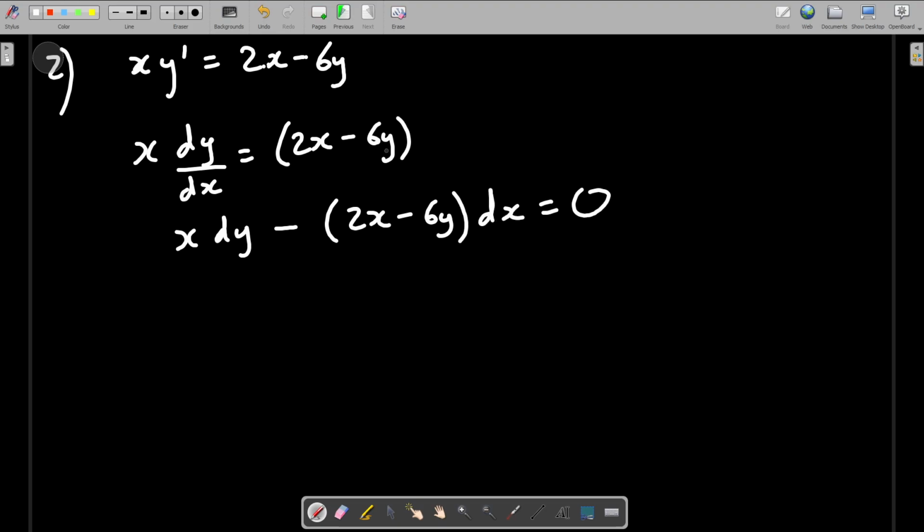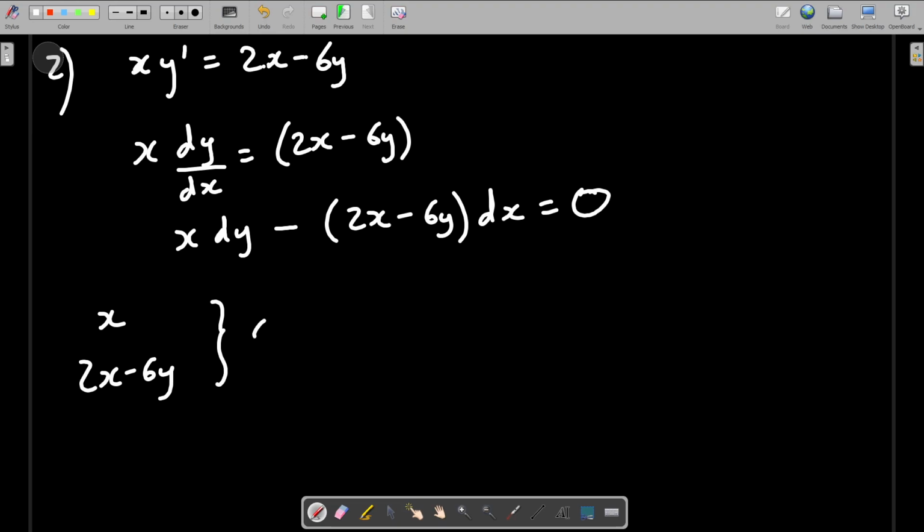So I took this on the other side and got it this side in one step only. Both the functions here, x and 2x minus 6y, are homogeneous of degree 1, right? Agreed? If you write this as tx, t will come and stand outside there. Here also t will come and stand outside.